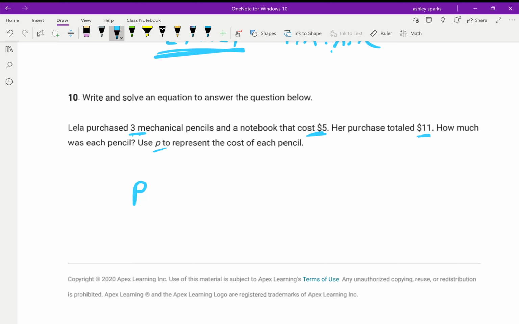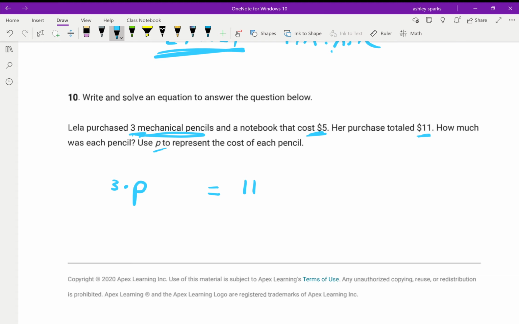What do I know about pencils? Well, I know pencils that she purchased, 3 of them. So there were 3 pencils. Okay? So you have that P for a variable connected to whatever it's talking about. I also know that in total she spent 11 bucks.